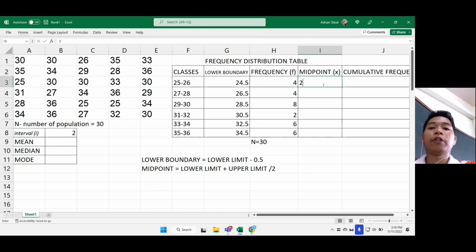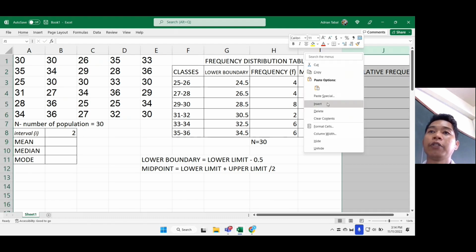So that is 25.5. Next is 27.5. Then the middle of 29 and 30, that is 29.5. The middle of 31 and 32, that is 31.5. Next is 33.5 and 35.5. And that's how we get our midpoint.